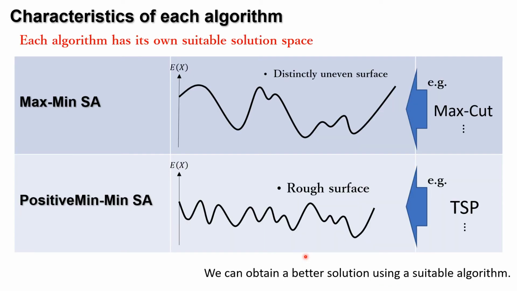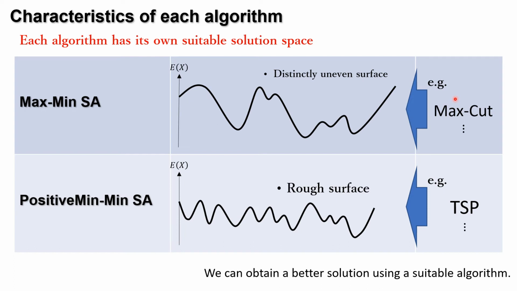Why did we propose this algorithm? Because each algorithm has its own suitable solution space. The max-min-SA algorithm is good at exploring spaces with distinctly uneven surfaces.